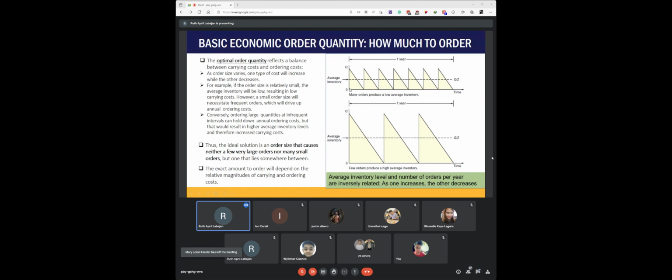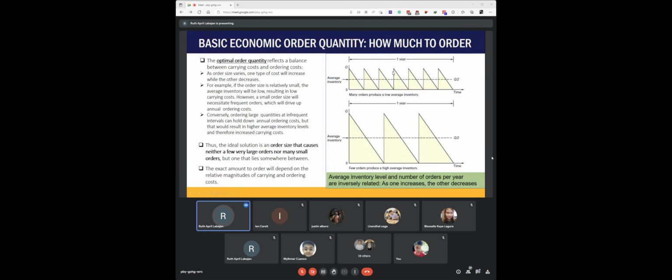Let's say here, look at this first one. Here, you place many orders. I mean, you order frequently. The frequency of your orders is high because your orders are small. You only order a small amount. So, in order to complete the annual demand in a year, you have to make these frequent orders.